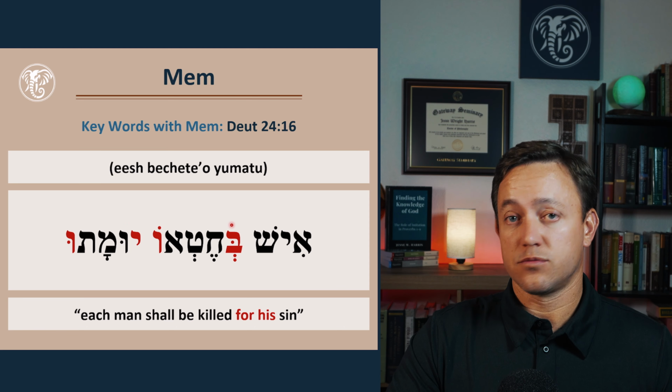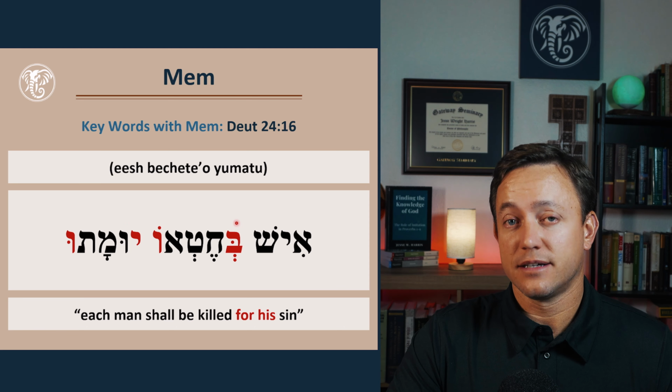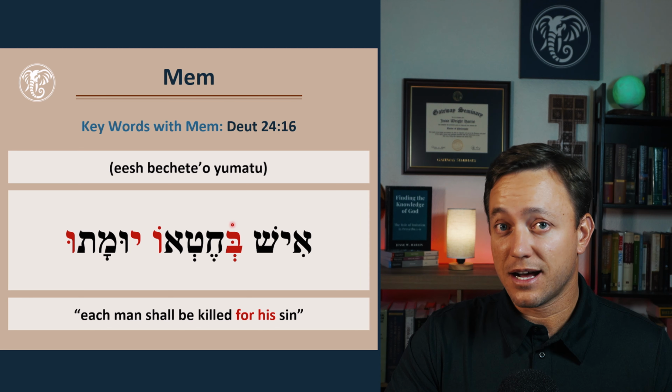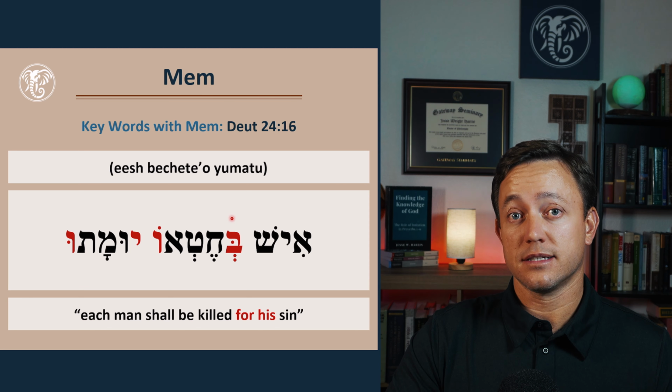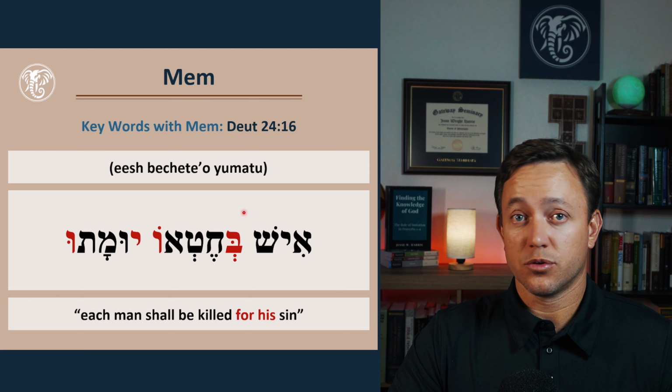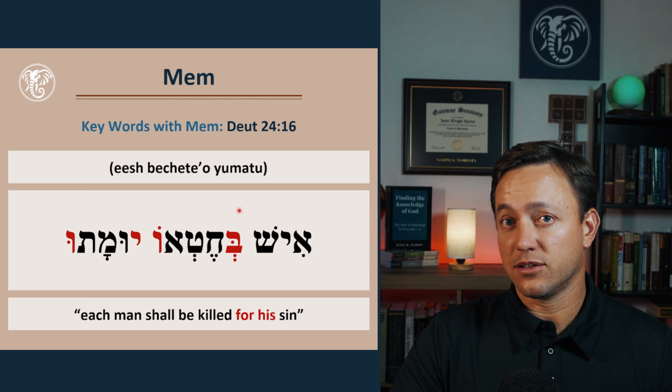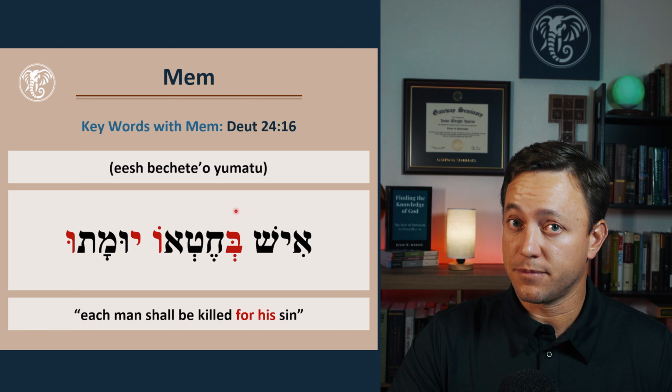So again, this is really trying to make clear that in God's world, in God's system, there is justice in the sense that you're not liable for the sin and the guilt of others, at least not directly.